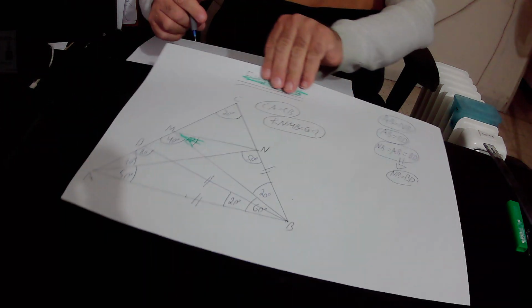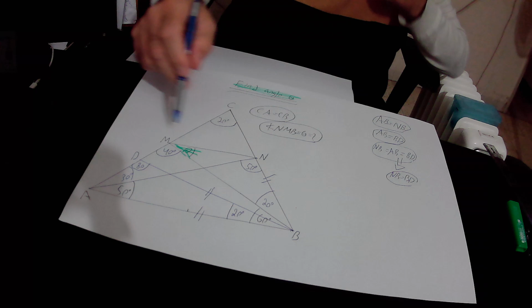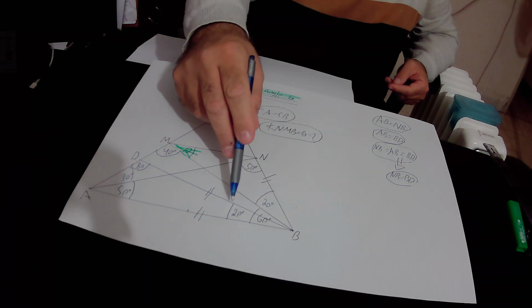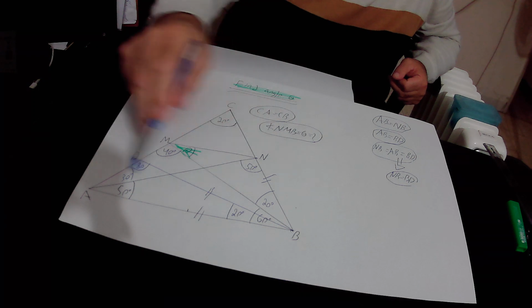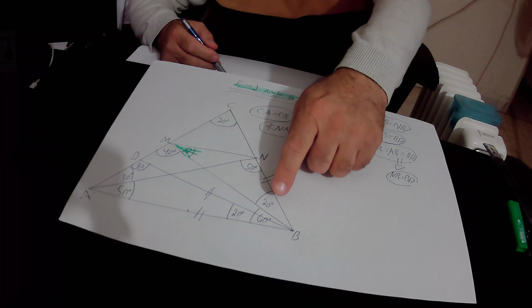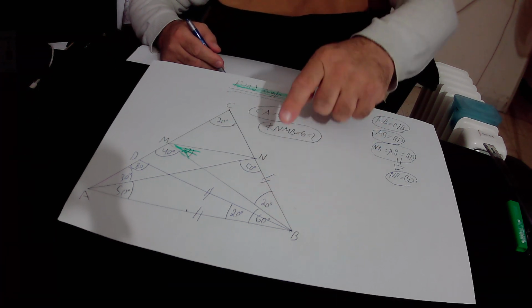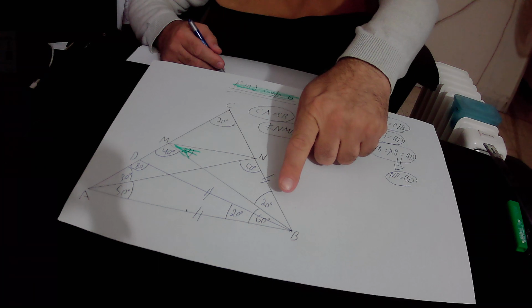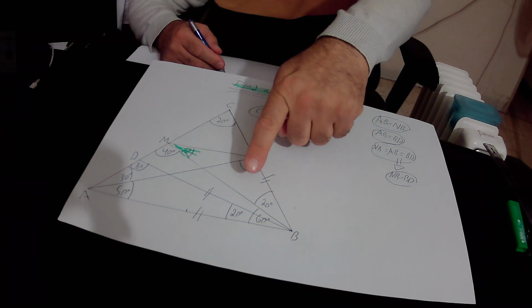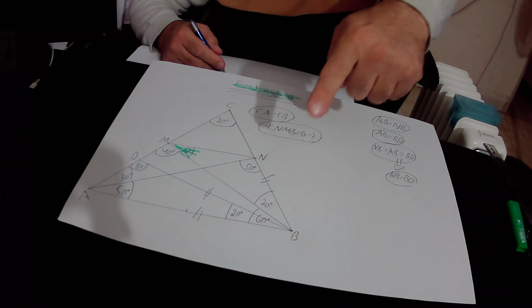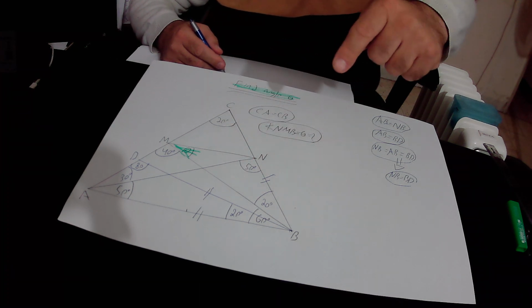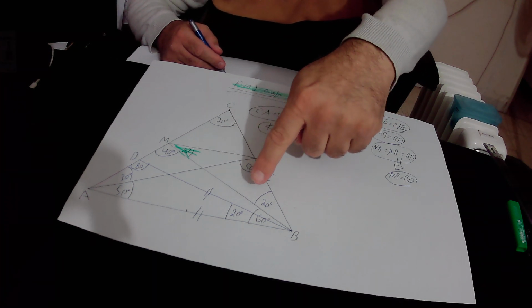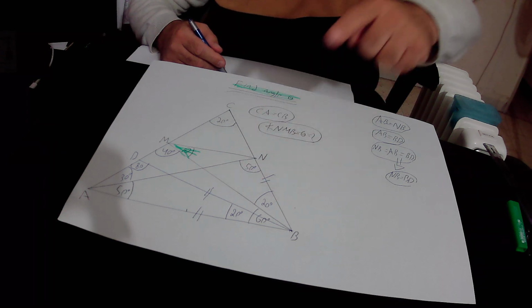So here we have the small angle DBA, it is equal to 20 degrees in its size. The big angle is angle MBA, which equals 60 degrees in its size. So the big angle MBA minus the small angle DBA must be equal to the missing angle MBD. I write it down.